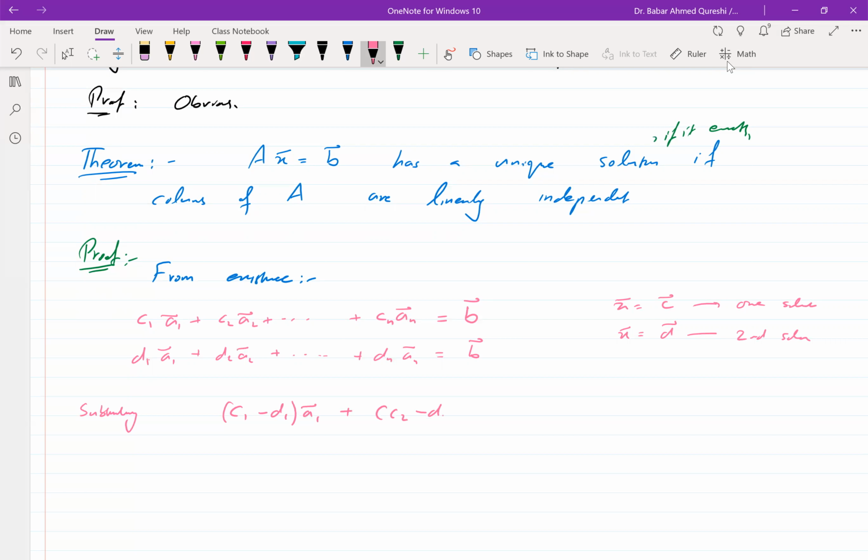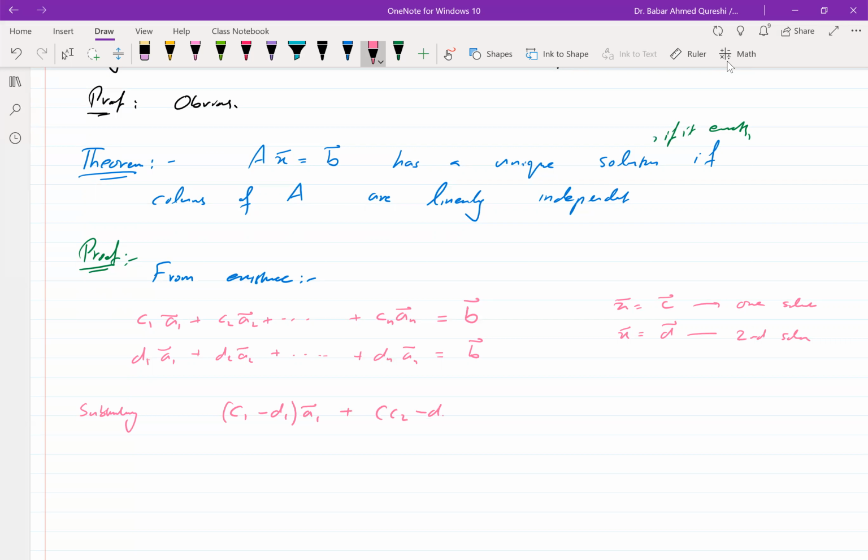How many columns do we have? We have n columns and they span Rm because it's consistent for all of B. But since the solutions are unique, they are also linearly independent.